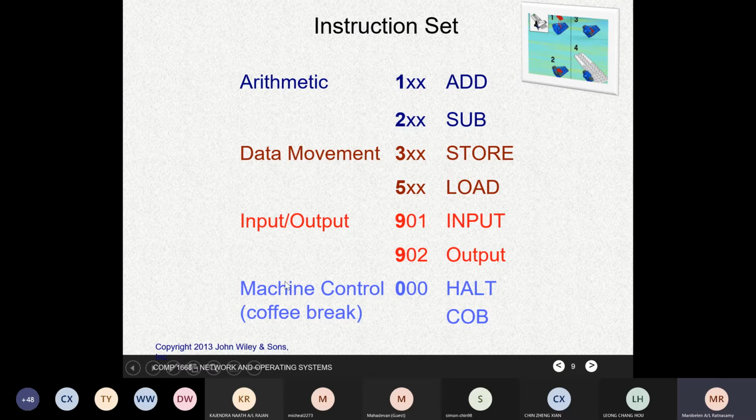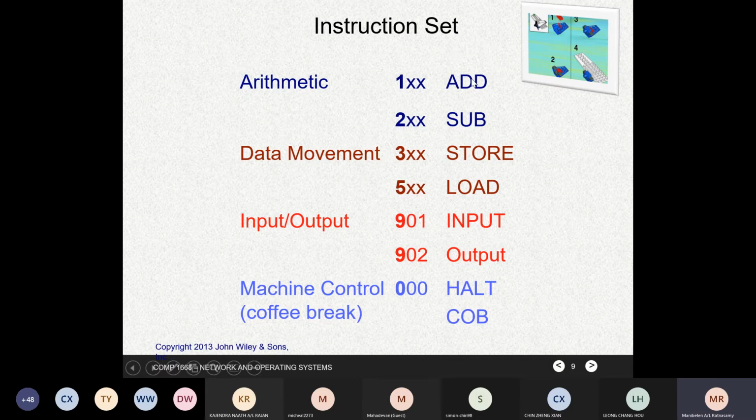And then we have some machine control. We call that halt or COB, coffee break, or we call it control on break, something like that. COB. So this is symbolic. Quite clear, straightforward.